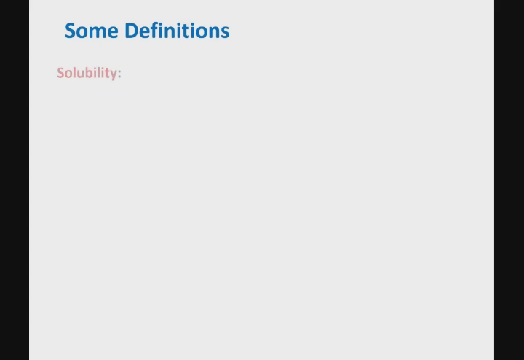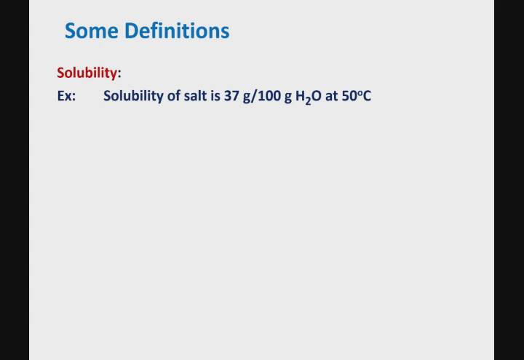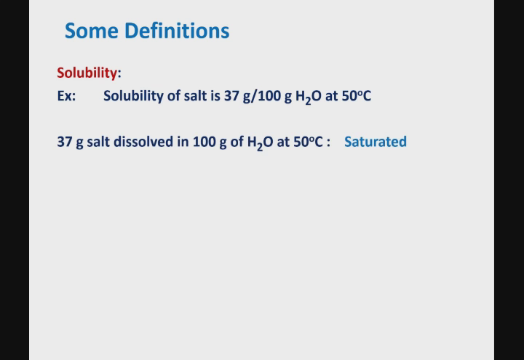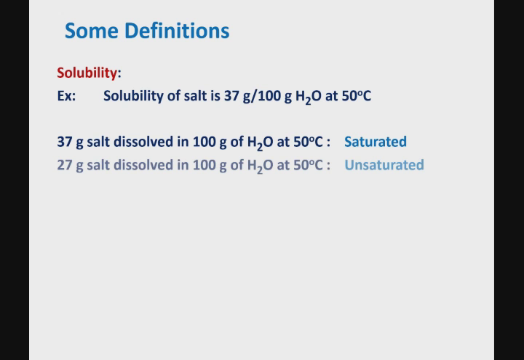For example, using the same value of solubility for salt, here is an example. So if you have 37 grams of salt dissolved in 100 grams of water at 50 degrees Celsius, you would have a saturated solution. What if we had 27 grams of salt dissolved in 100 grams of water at 50 degrees Celsius? The solution is unsaturated. It still has room for 10 more grams of salt.